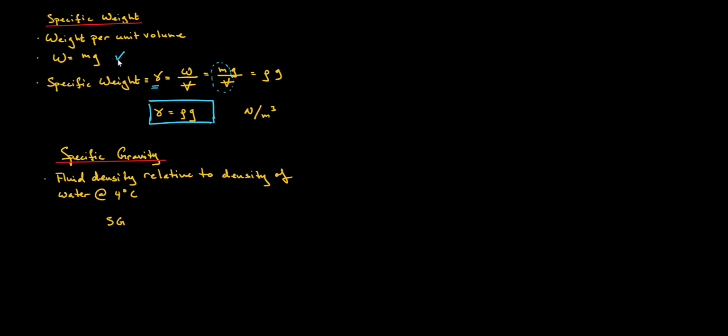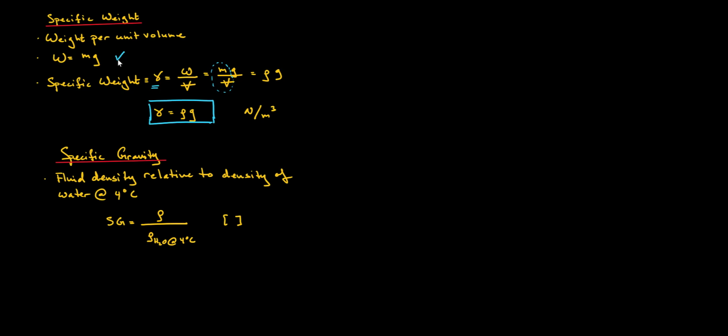Mathematically, we state that the specific gravity is given by rho, the density of the fluid, and that can be a gas or a liquid, it doesn't matter, divided by the density of water at 4 degrees Celsius. So the specific gravity has no dimensions.